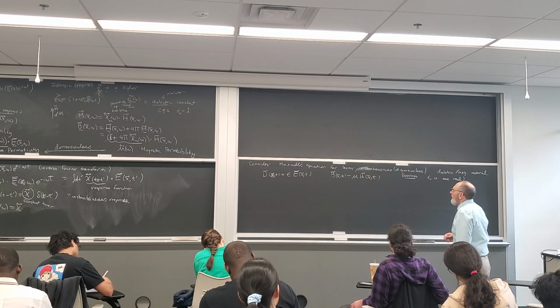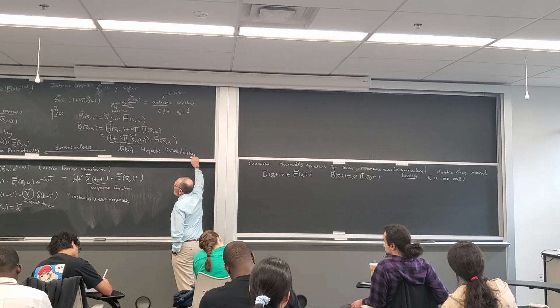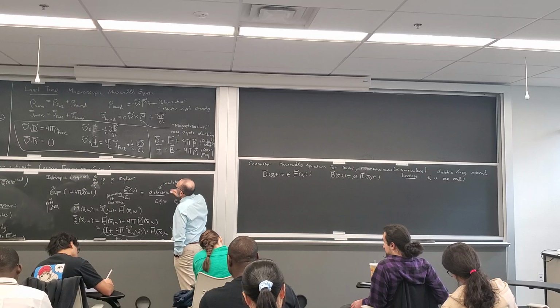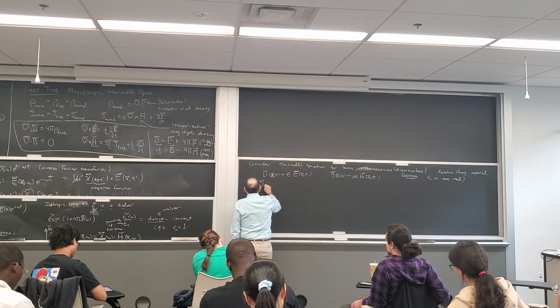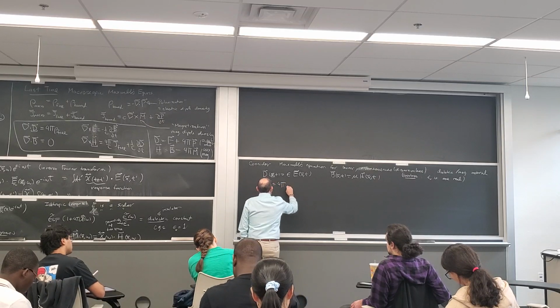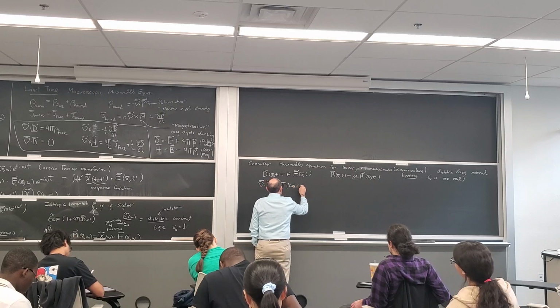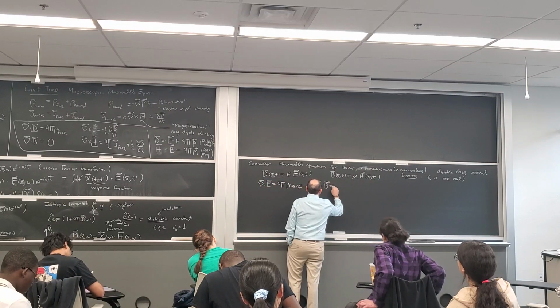When that's the case, we can look back at Maxwell's equations. We have del dot E equal to 4 pi rho free over epsilon. Del dot B is 0.